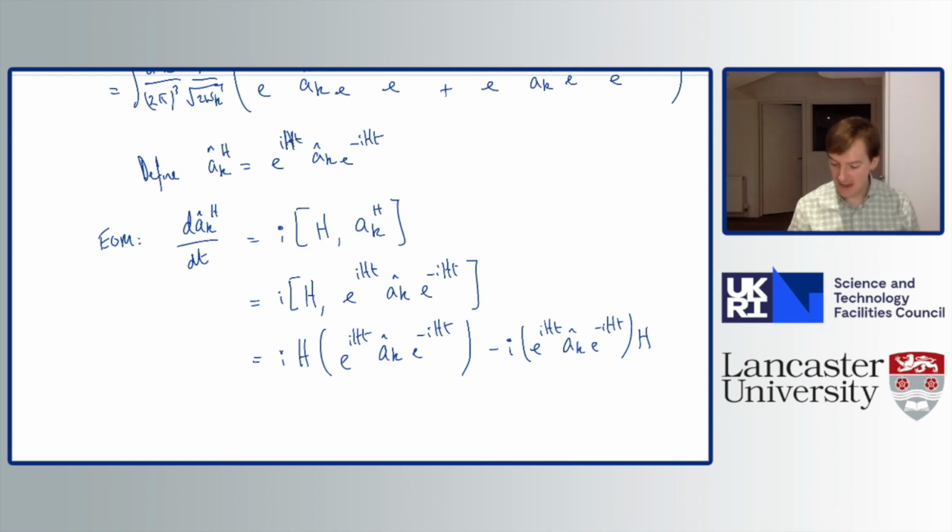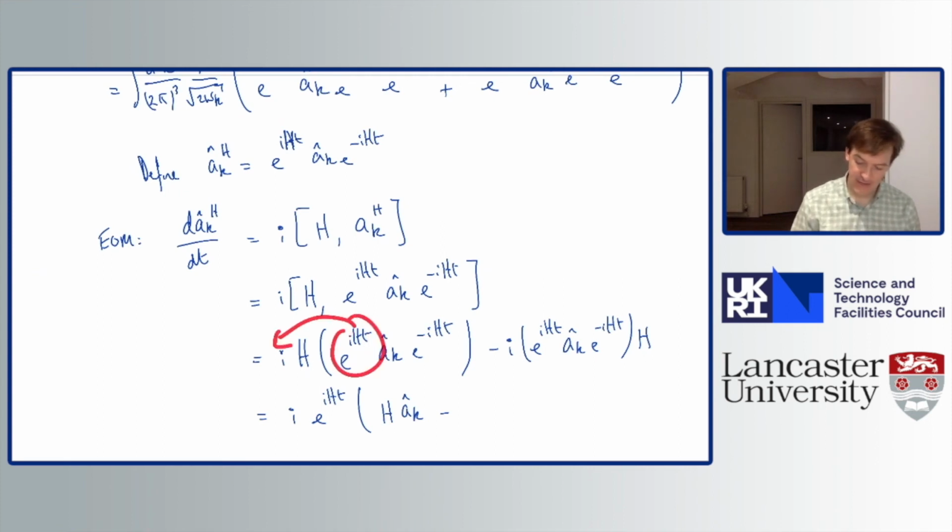H. Okay, and then I'm going to use the fact that my Hamiltonian and the exponential of the Hamiltonian commute to have e to the iHt. We're going to have H, a_k, and I'm also going to use the fact that H and this exponential commute. So I'm pulling this e to the iHt factor all the way to the left-hand side, and I'm going to pull the e to the minus iHt factor all the way to the right-hand side in both cases.